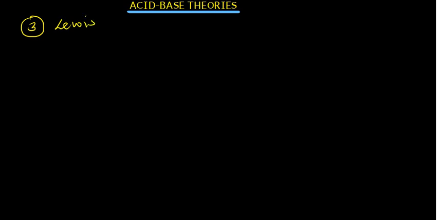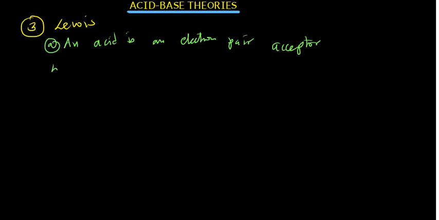Well, Bronsted says an acid is a proton donor, but Lewis says an acid is an electron pair acceptor. And a base is the other way around. A base is an electron pair donor.